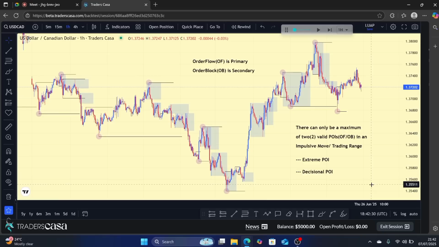Of course, we are anticipating that price will reverse after interacting with a point of interest, and an order flow is a point of interest. In a trading range, you may not always find only one or two unmitigated order flows. Sometimes a trading range contains more than two, three, four, five order flows.